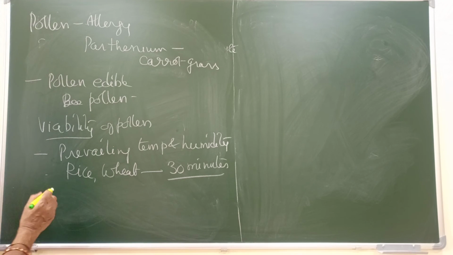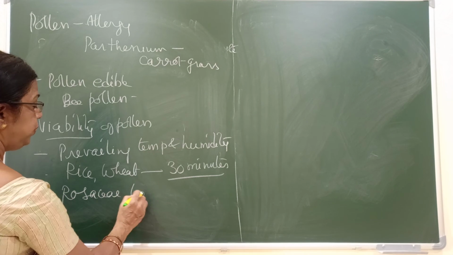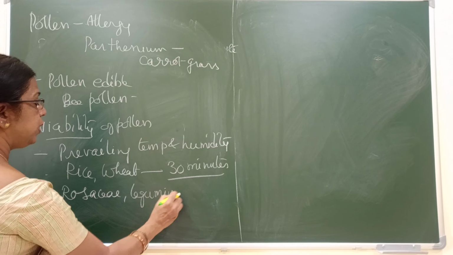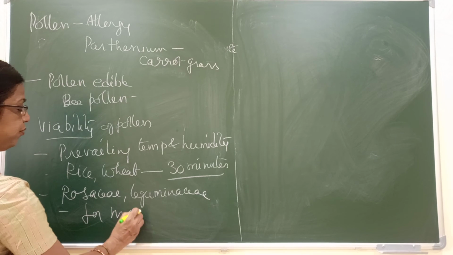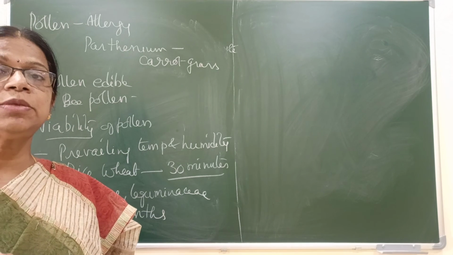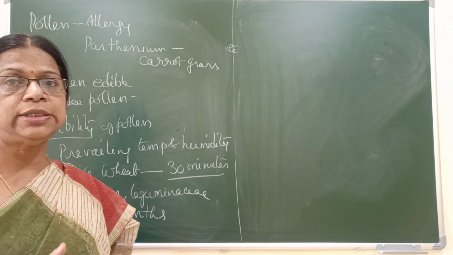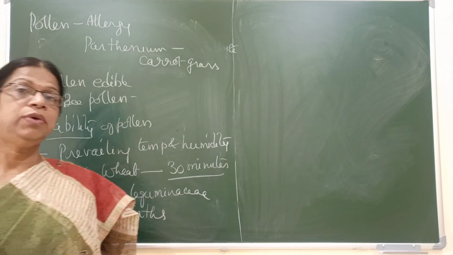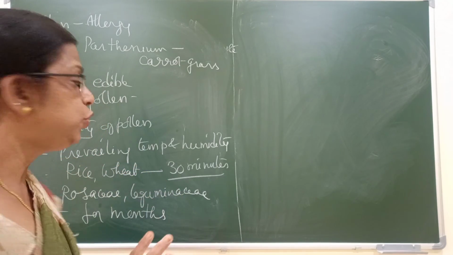In other families like Rosaceae, Leguminosae and even Solanaceae, the viability period can continue for about 5 to 6 months. So the viability period differs from one to the other.